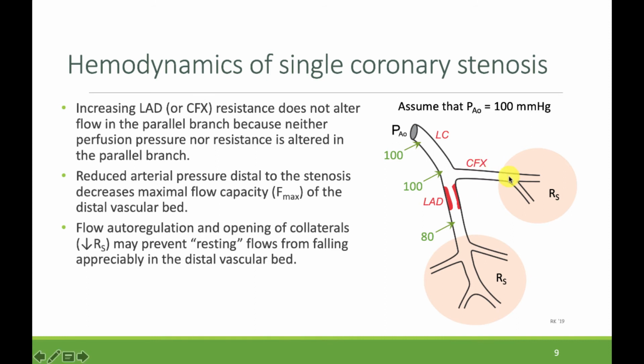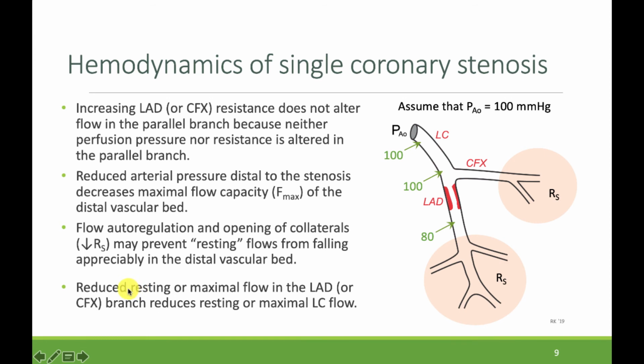It turns out that this lesion may not necessarily reduce the resting flow, however, in this vascular bed, because with a reduced pressure, the vasculature will respond by decreasing its resistance and undergoing what we call autoregulation of blood flow. So therefore, dropping the perfusion pressure from 100, which it was without the lesion, to 80 will result in a fall in R sub S, which will help to restore normal resting flows.